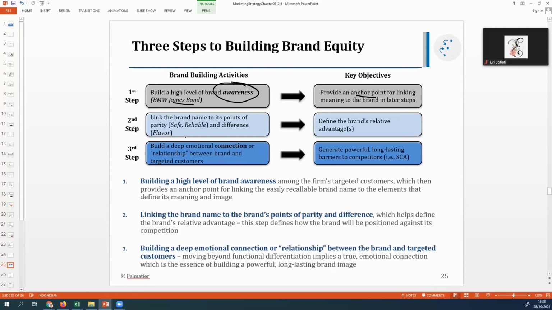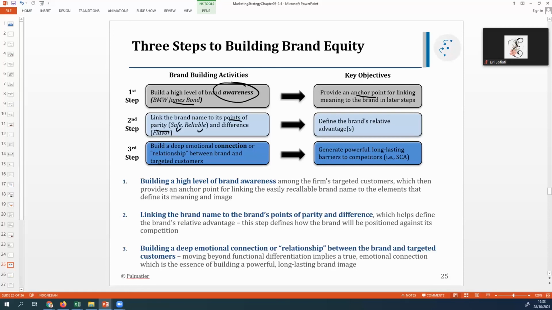And then the second one is to link the brand name to its point of parity. Point of parity is where it is the same as most of the competitors, that they have the same standard, whether it is safe and reliable.